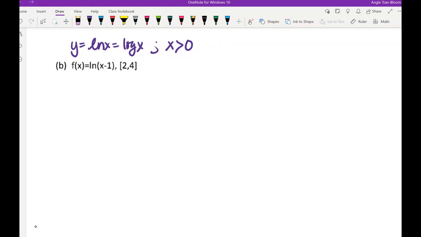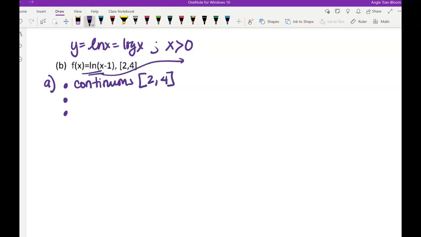So x just has to be positive. Okay. So we have to check 3 conditions to meet the mean value theorem. Condition number 1, is it going to be continuous on the closed interval between 2 and 4? Now this function, students, the transformation is a translation to the right by 1.